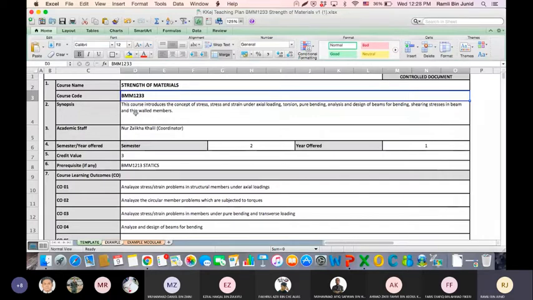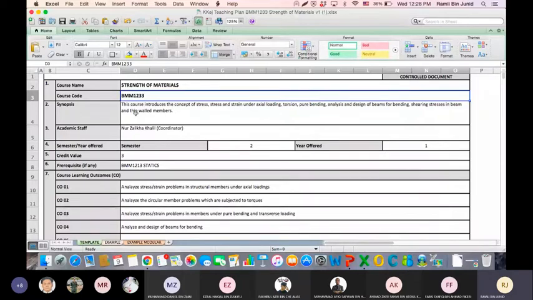But in UNP, the open registration method is now implemented, in which you can take any subject at any semester. However, you have to be careful and smart enough to arrange and organize the subjects taken, so that in order to graduate on time, you have already taken certain subjects before you can take another subject.